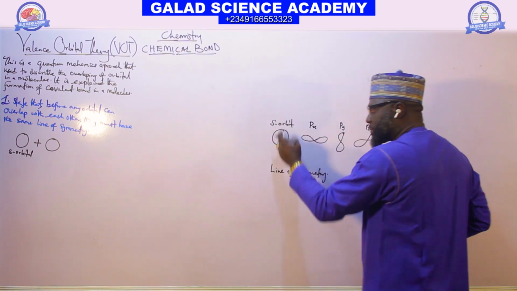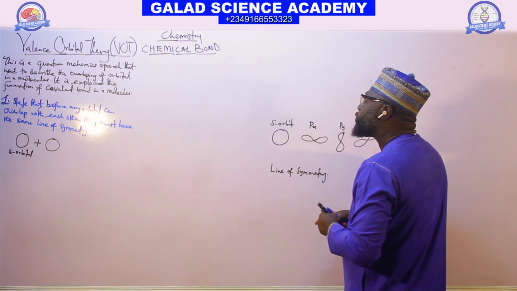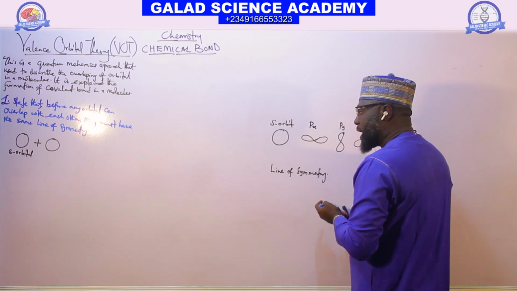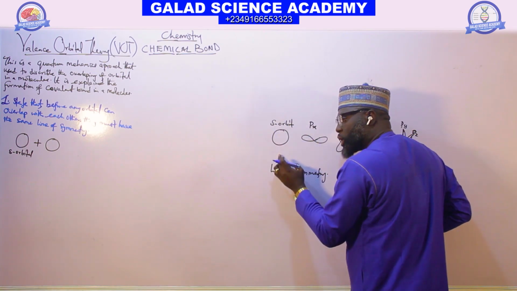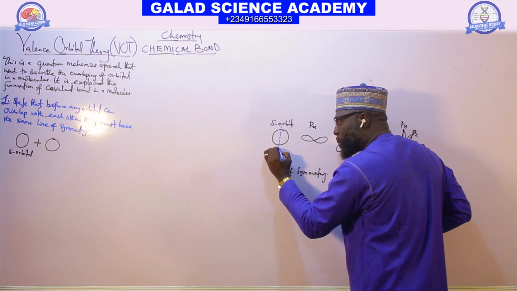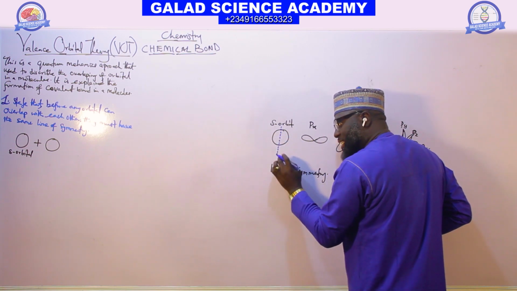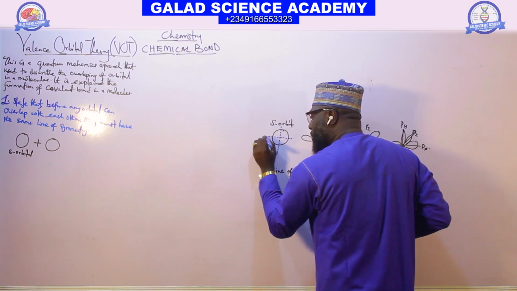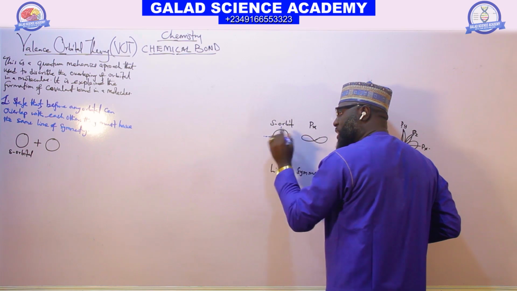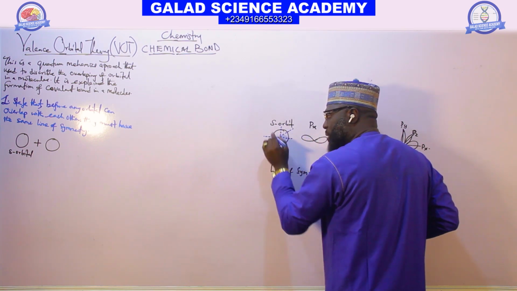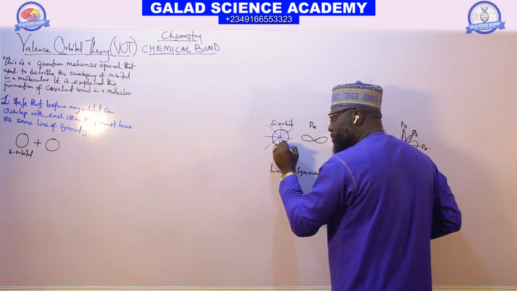Take this s orbital: the line that divides it into two equal parts is called the line of symmetry. We can divide this s orbital into two equal parts in this form. This line is a line of symmetry. You can also divide it in this form, also a line of symmetry, or in this form.